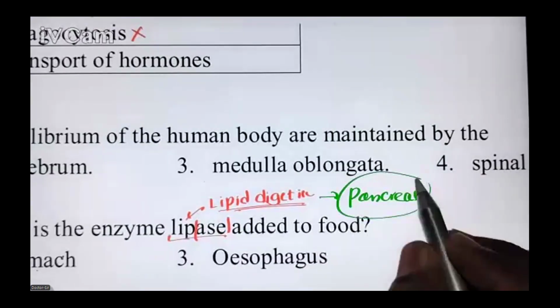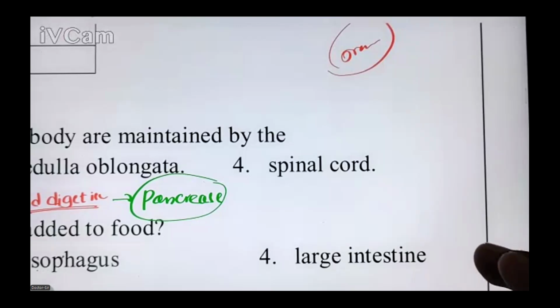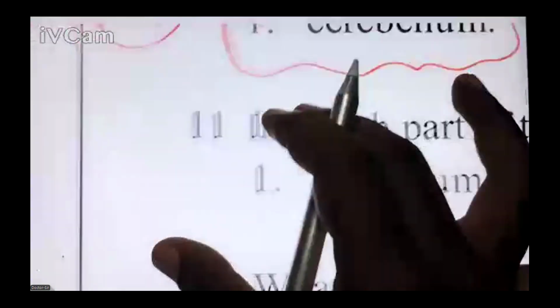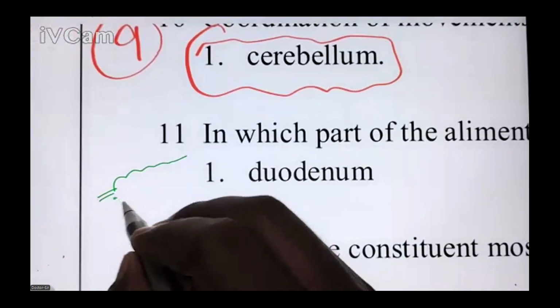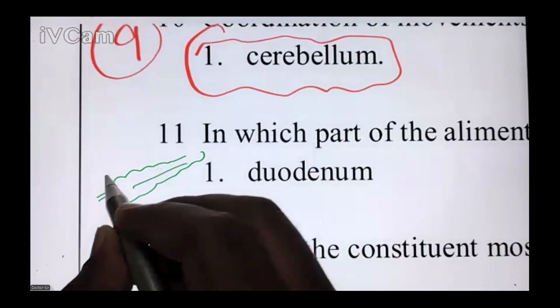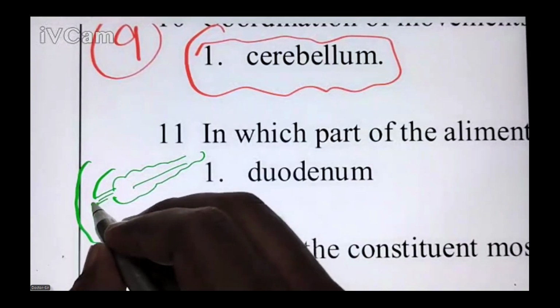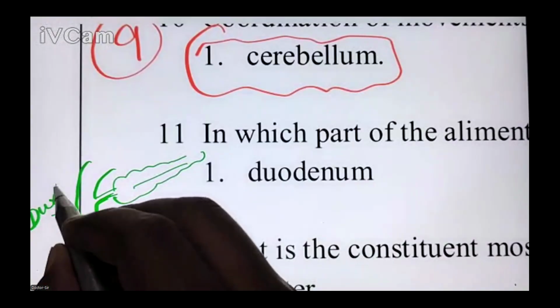The pancreatic enzymes are released into where? One particular area, that is the duodenum.